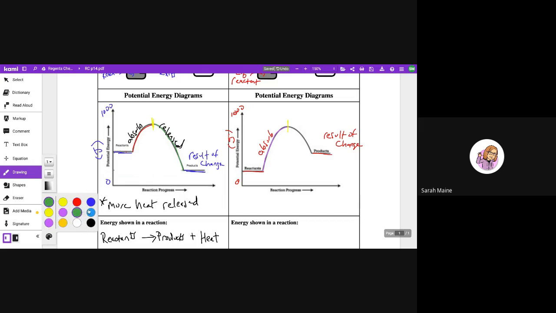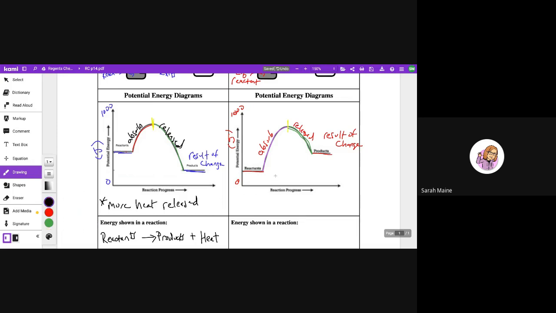But once it reaches that peak, then it's a downward slide from the peak to the products. And if you watch what happens to the numbers, you go from a higher number and drop down to a lower number, which represents that heat is now leaving or being released. So we read these potential energy diagrams the same way.